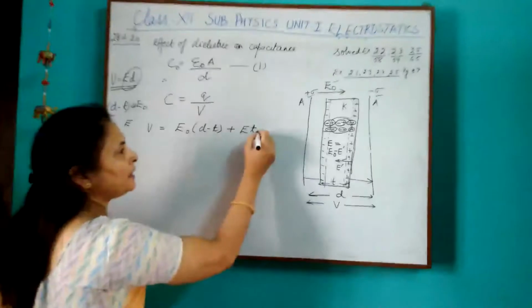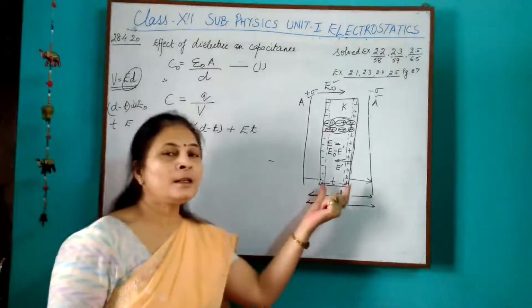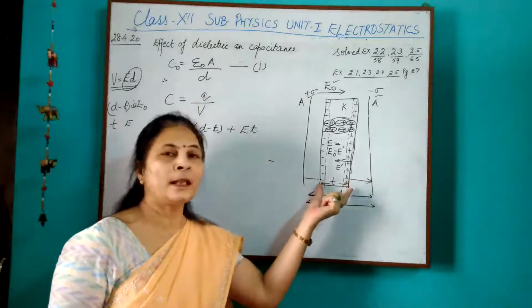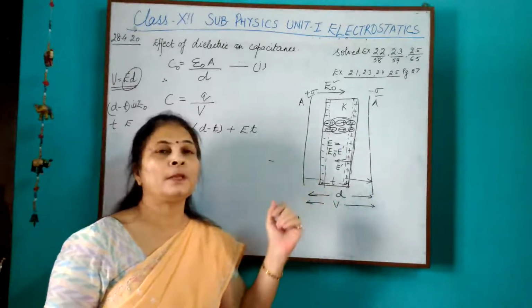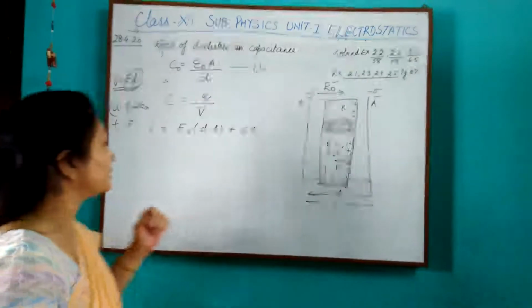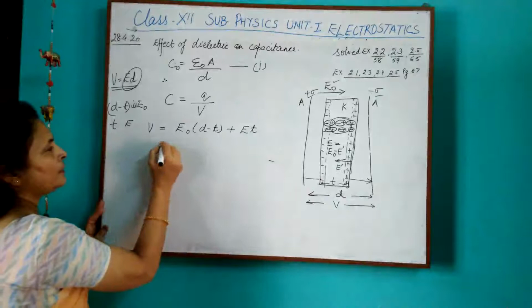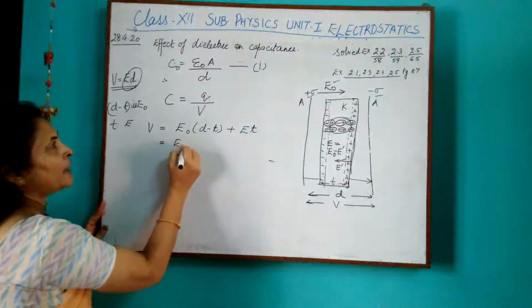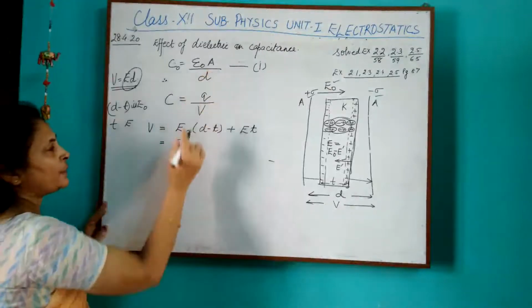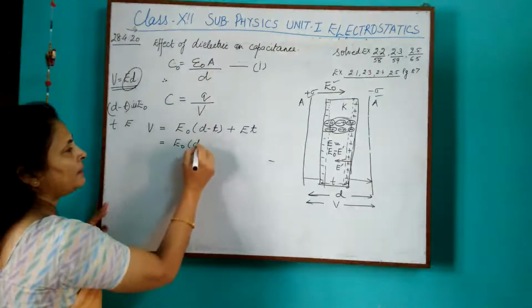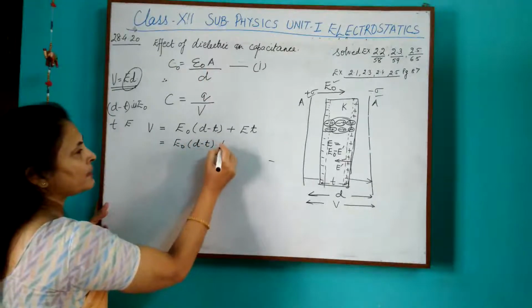And what is this T? T is the thickness of the dielectric slab which we have kept between the plates of the capacitor. Now this can be further written as, we'll do it as we had done for deriving this expression, D minus T plus.